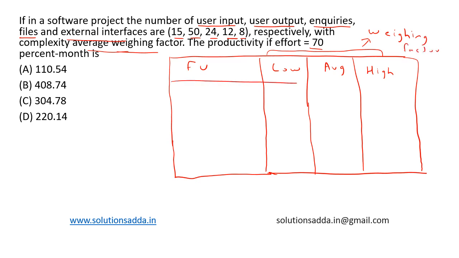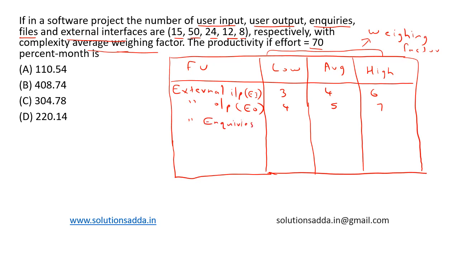Now, for external input, that is EI, it is 3, 4, and 6. For external output, EO, it is 4, 5, and 7. For external inquiries, it is 3, 4, and 6.